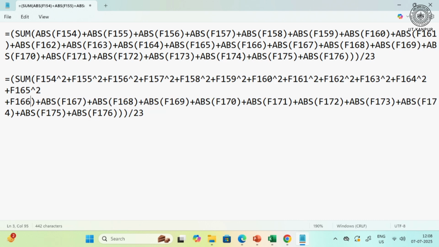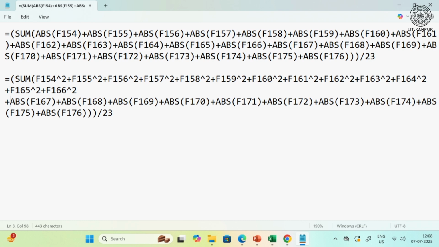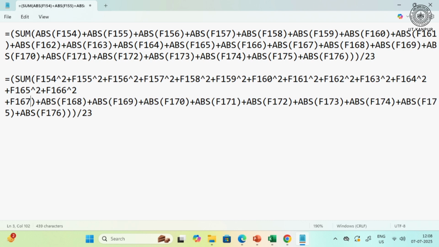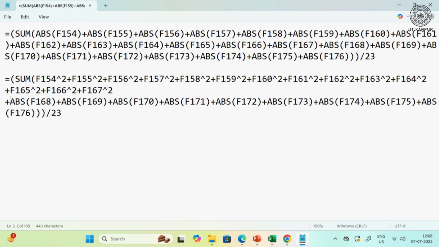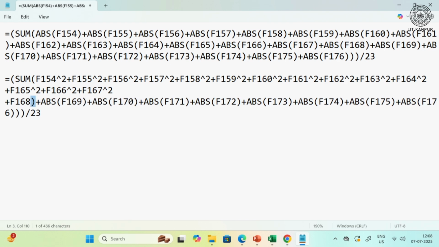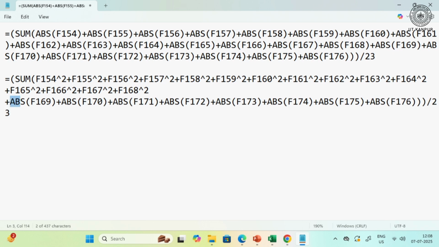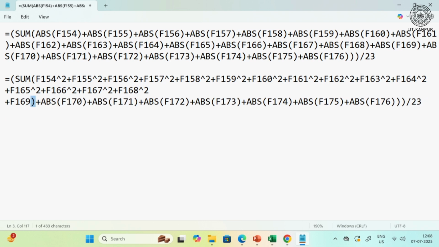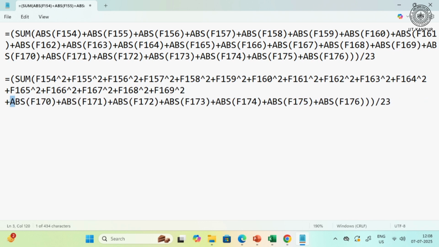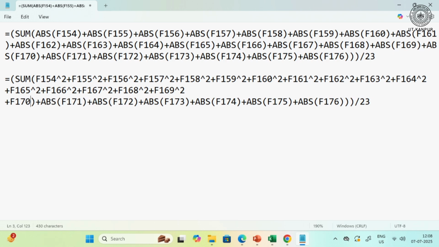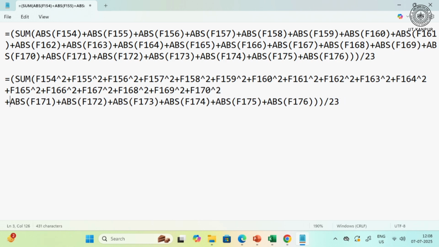So, I am trying to now square the value of the error in F170, which is the error given in that cell.